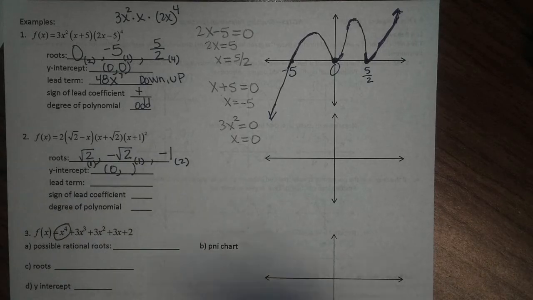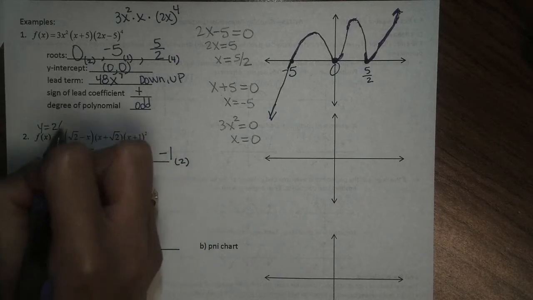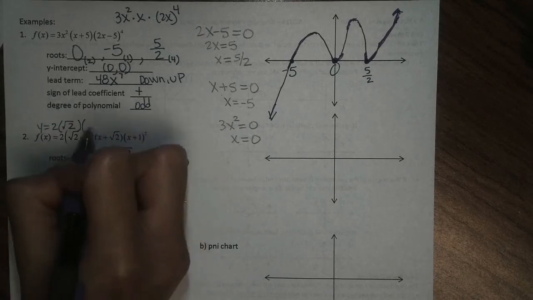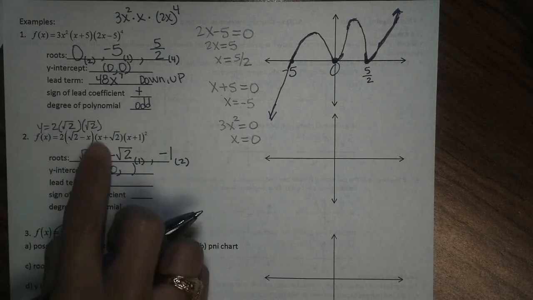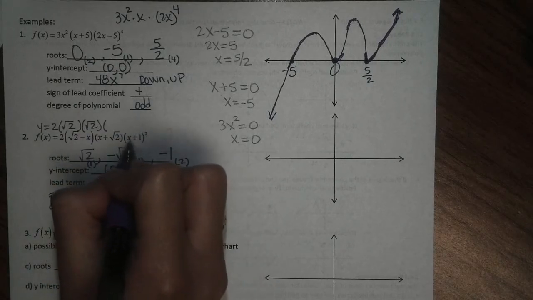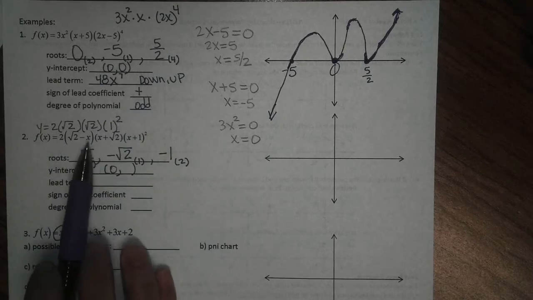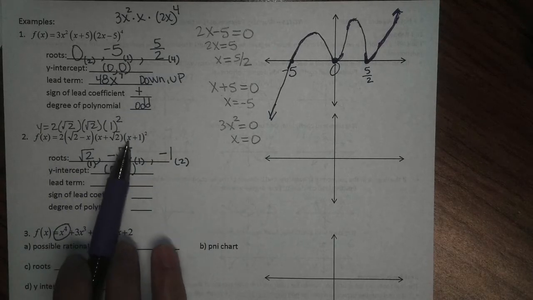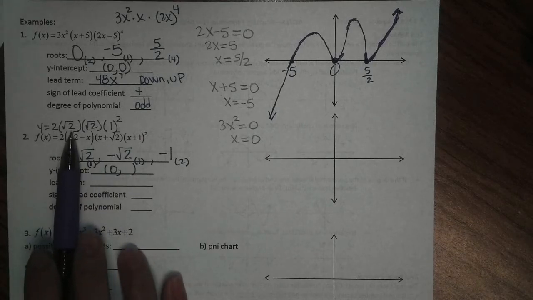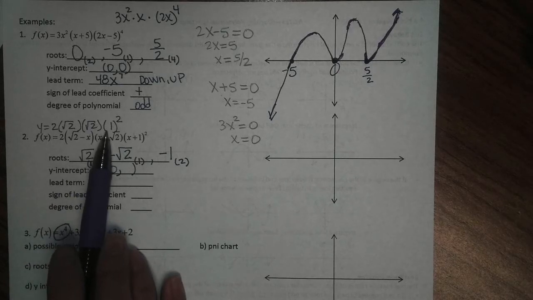So y equals 2 times the square root of 2 minus 0, times 0 plus the square root of 2, so just the square root of 2, and then 0 plus 1 squared. If you plug in 0 for x and simplify, you'll get y equals 2 times the square root of 2 times the square root of 2 times 1 squared.